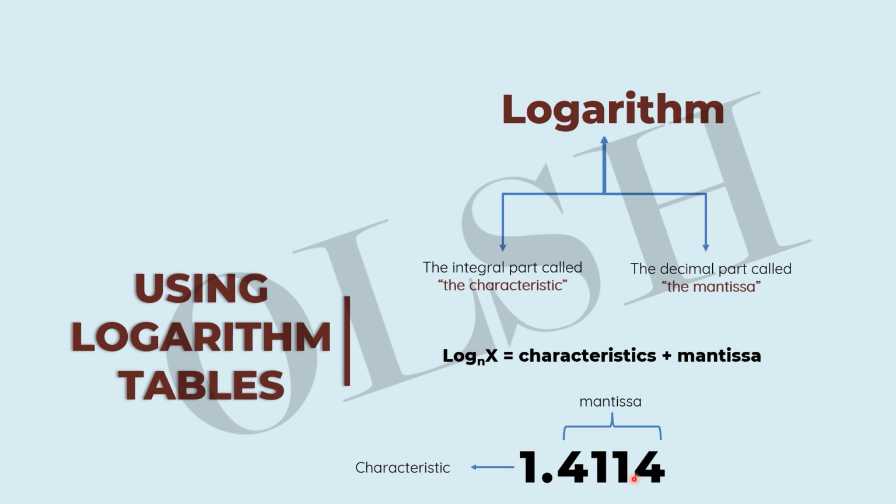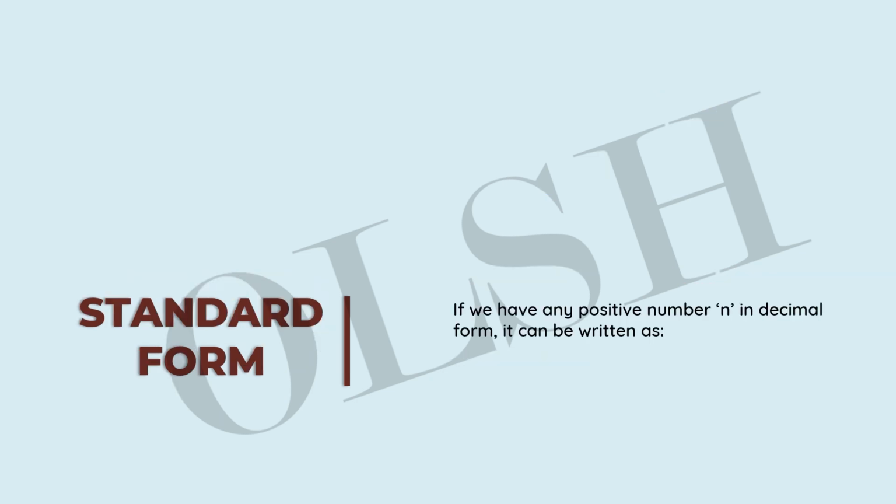If you add both of them together, of course, you're going to get the number which you have on the screen. It's very important for us to put our numbers in standard form. It's one of the first things we do when we have a number and we want to find the log of it. And that's because it's a very easy way to spot our characteristic. We talked about the logarithm being divided into two parts, the characteristic and the mantissa.